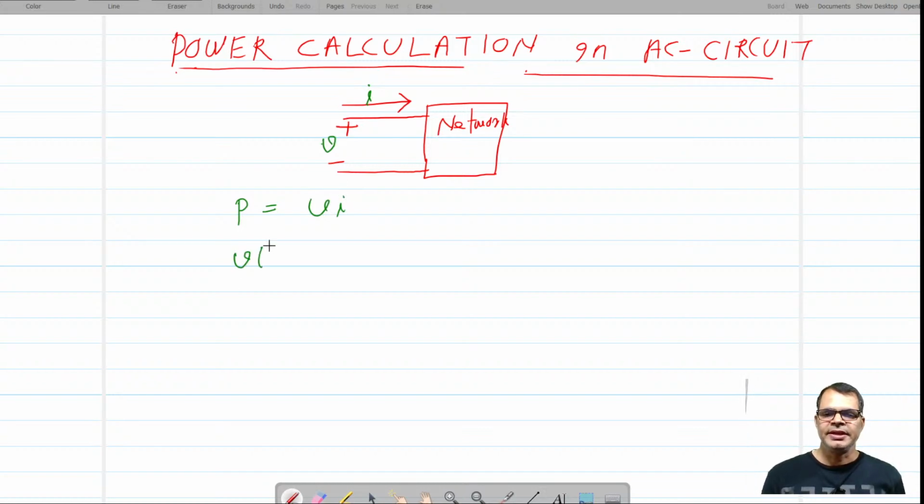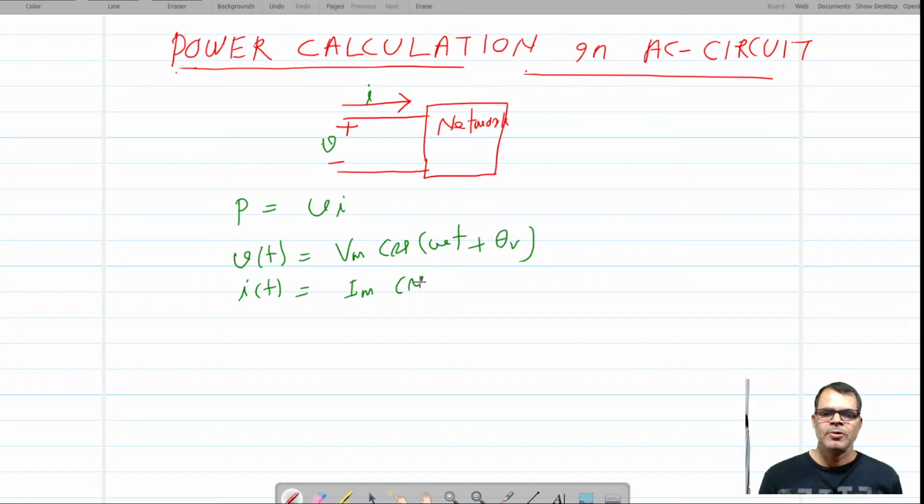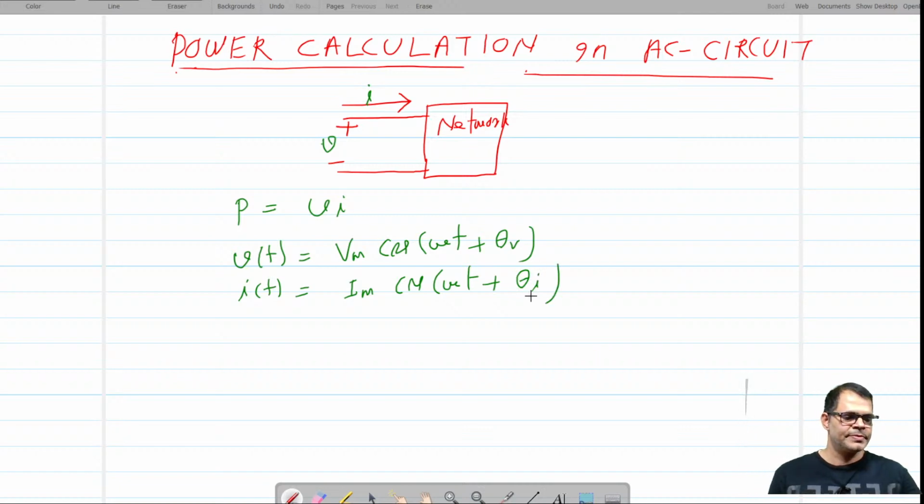Let V(t), because we are expressing in the instantaneous values, equal Vm cos(omega t plus theta V), and I(t) equal to Im cos(omega t plus theta I).